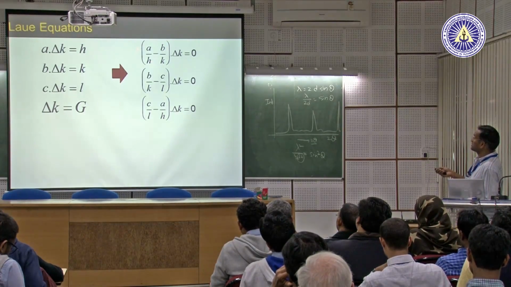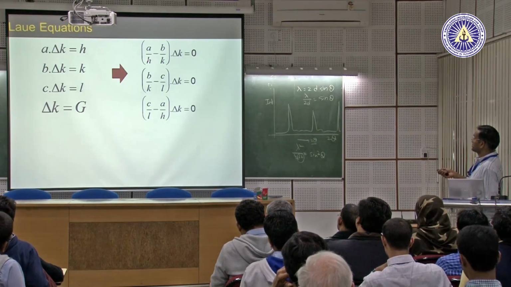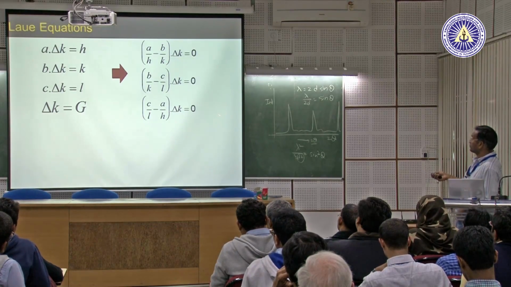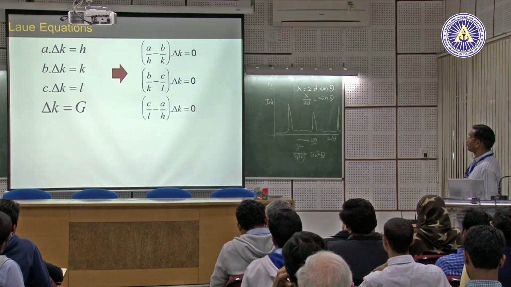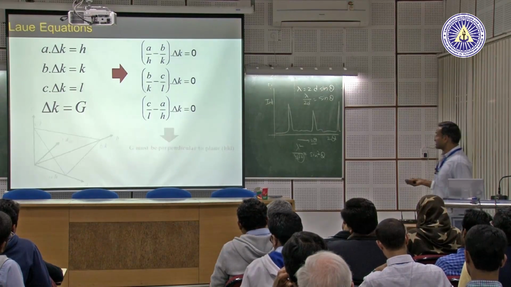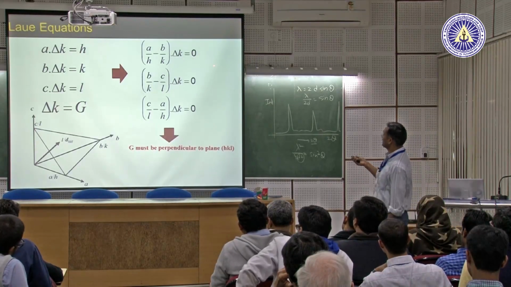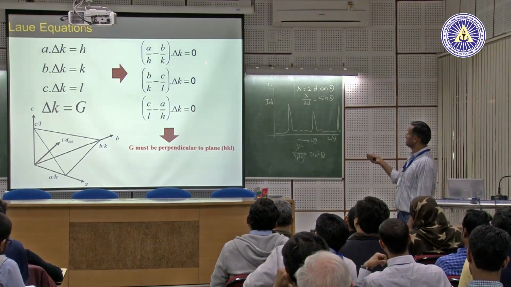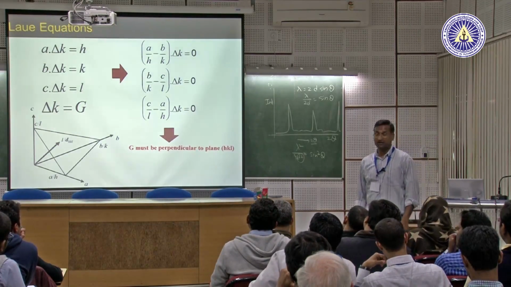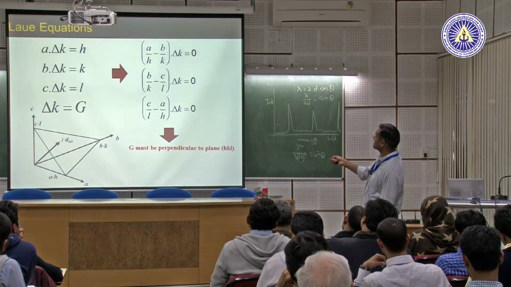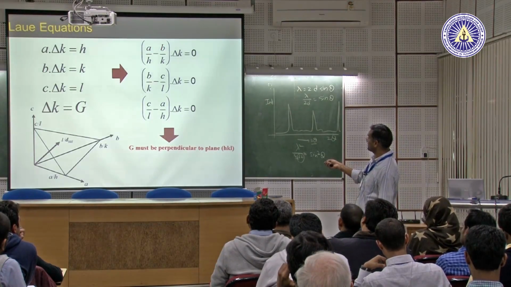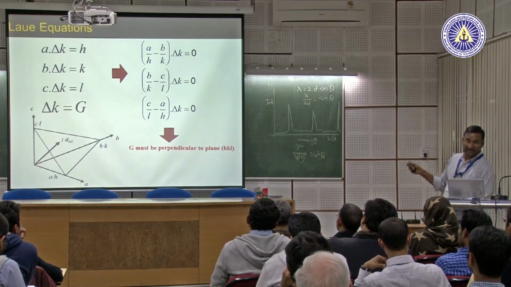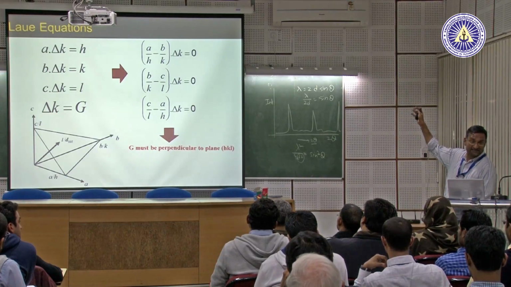You can also write, for each pair of these equations, A by h minus B by k dotted with delta k is equal to 0, and so on and so forth. What this means is that these three conditions are possible because A, B, C are the three translations, and h, k, l are the intercepts on the A, B, C axes.